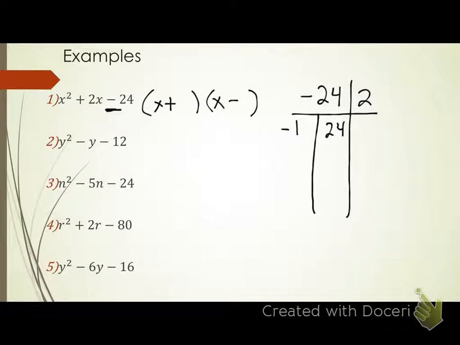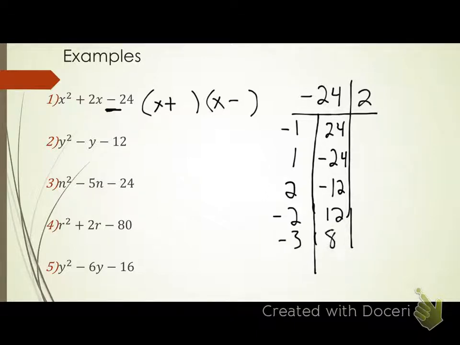What would be the opposite of those? Positive 1 and negative 24. Right? Everyone okay with that? So what would be the next two? 2 and negative 12. Negative 2 and positive 12. We're just listing all the factors of negative 24. Negative 3 and 8. 3 and negative 8.